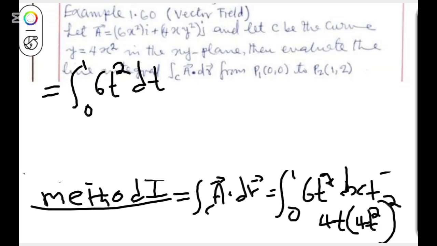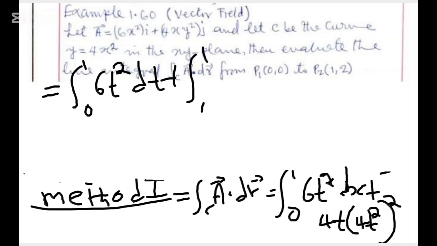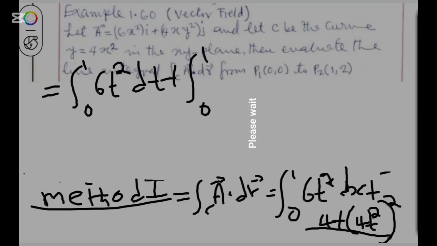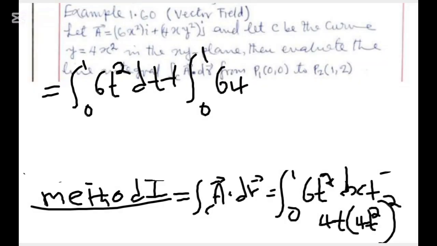I forgot to change it, but I have to change it. So I have to say plus another integral from 0 to 1 of this 4t and 4t squared. If I multiply 4t by 4t squared, I'll get 64t cubed, 64t power 5.